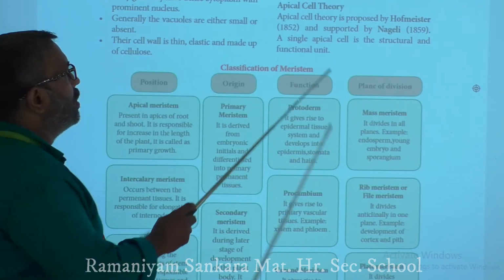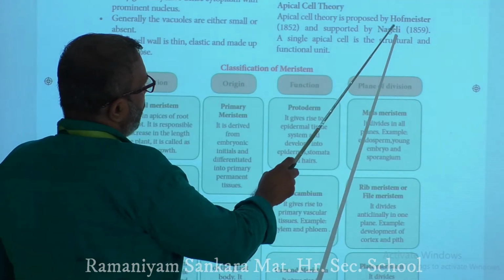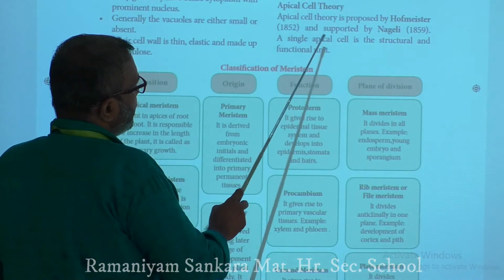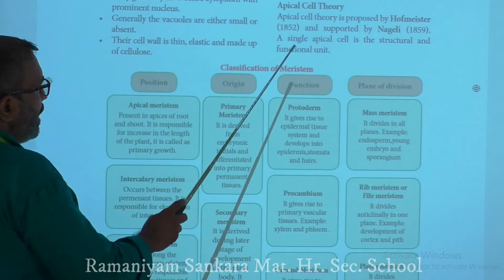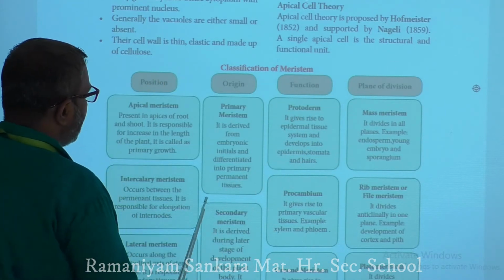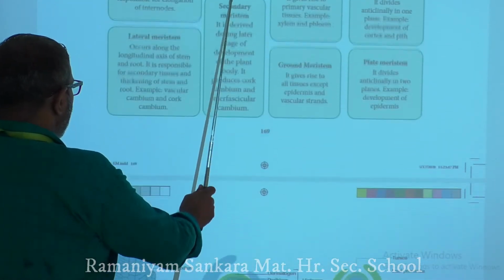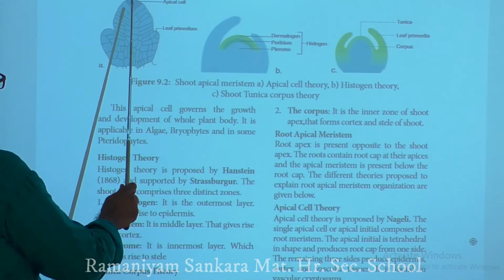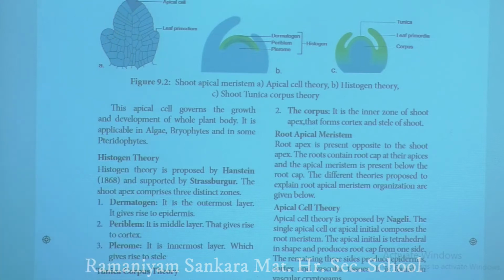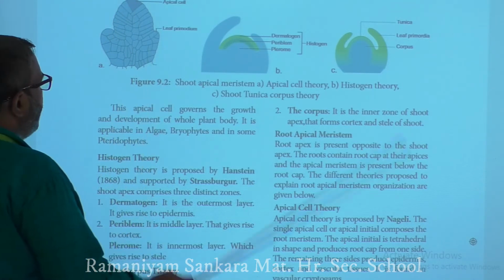This theory was supported by Hofmeister in 1852 and by Nageli in 1859. A single apical cell is the structural and functional unit, called the apical cell.